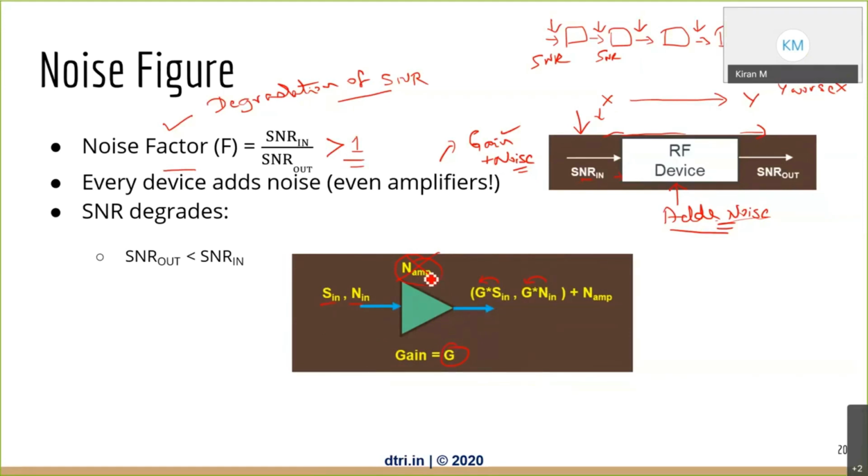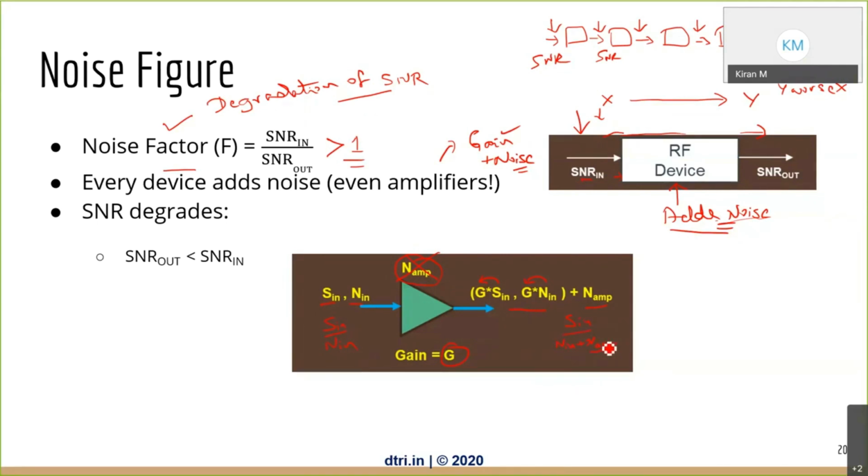Now because of the noise added by the device, apart from this term, you also see noise getting added. If I take SNR here, it will be something like this, right? But if you consider here, it is plus N amp. You have more noise in the denominator.